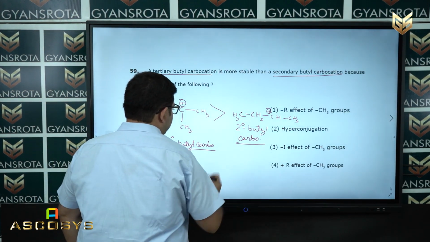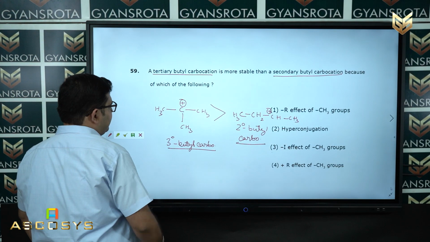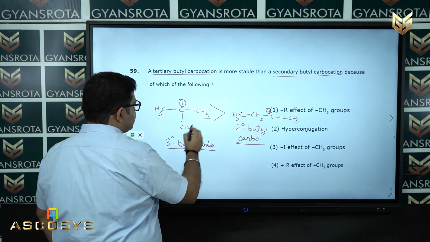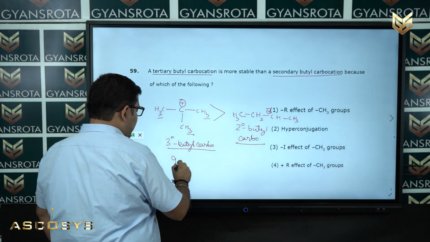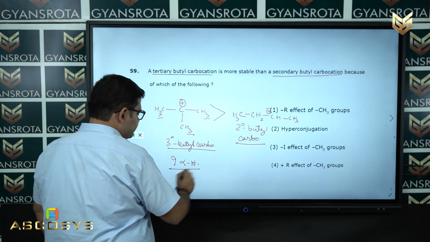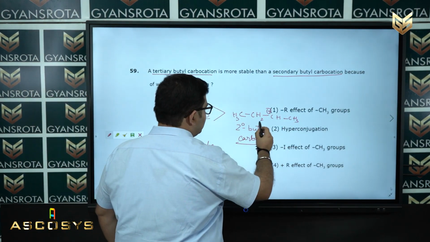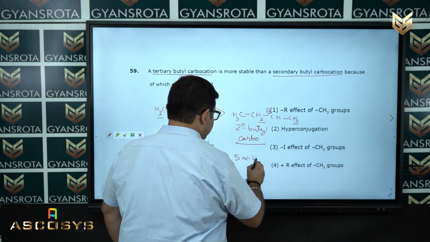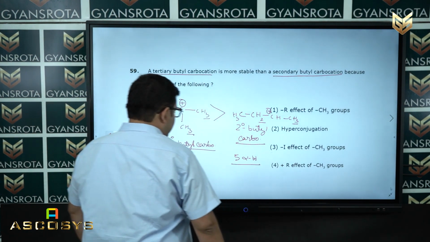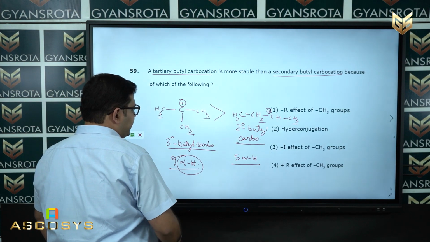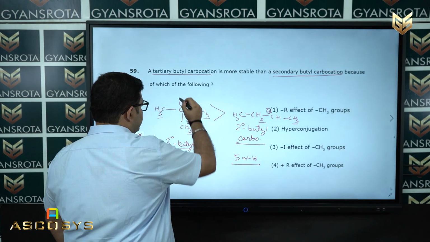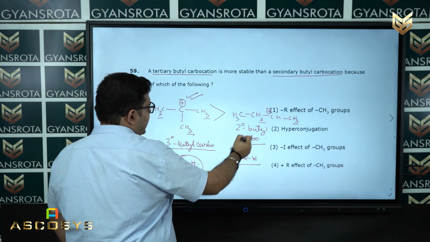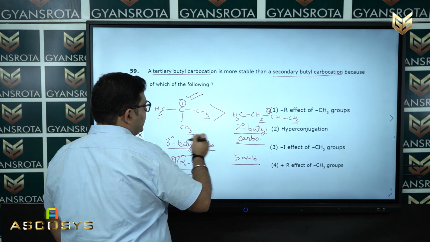Now, the number of alpha hydrogens, that is hyperconjugation. So, 3 plus 3, that is 6, 6 plus 3, 9, means 9 alpha hydrogens are there. But in the other case, 2 plus 3, that is 5 alpha hydrogens are there. Now, alpha hydrogens indicate hyperconjugation, and the tertiary carbocation is more stable due to more hyperconjugation as compared with the secondary butyl carbocation.